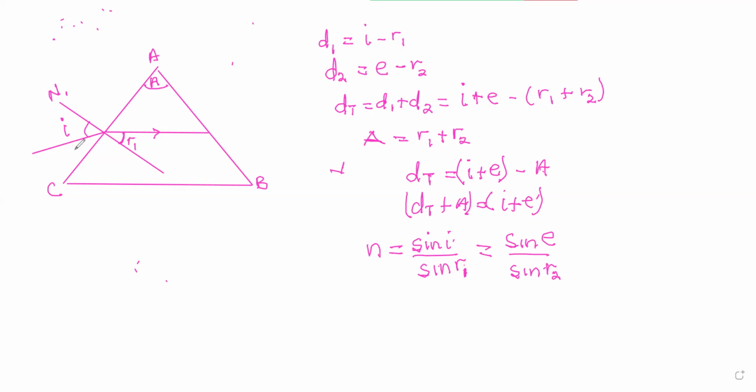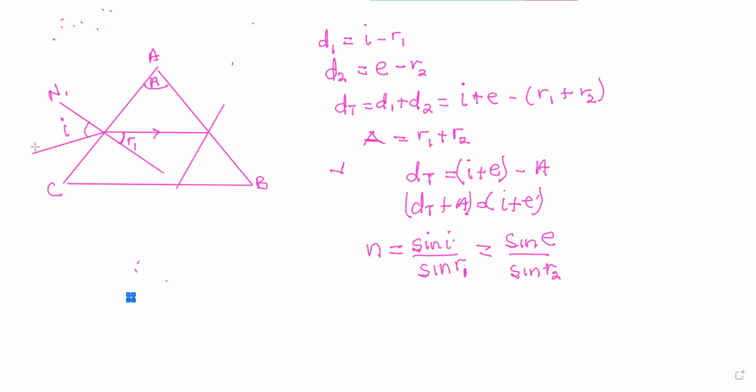Now, when the ray is coming out of the prism, it would enter from a more dense medium to a less dense medium. So it will deviate away from the normal this time around.